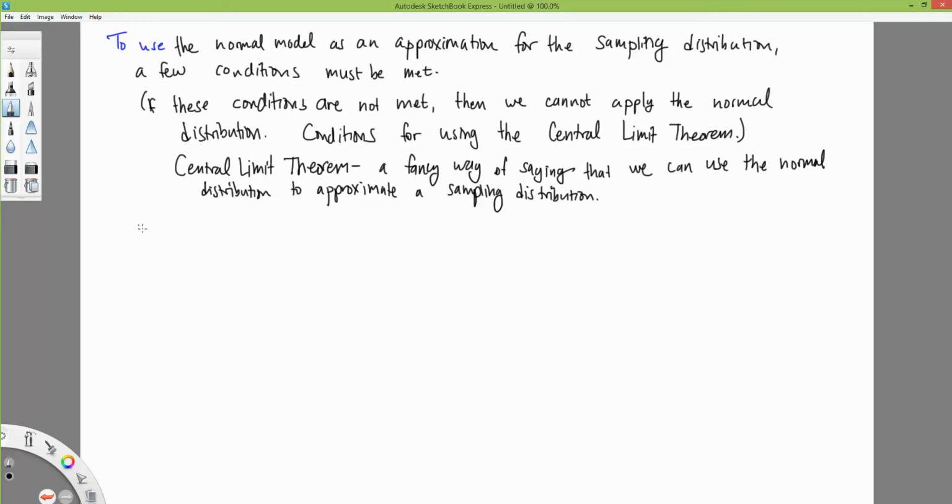Okay, all right, so the three conditions that must be met. One, the random and independent condition.